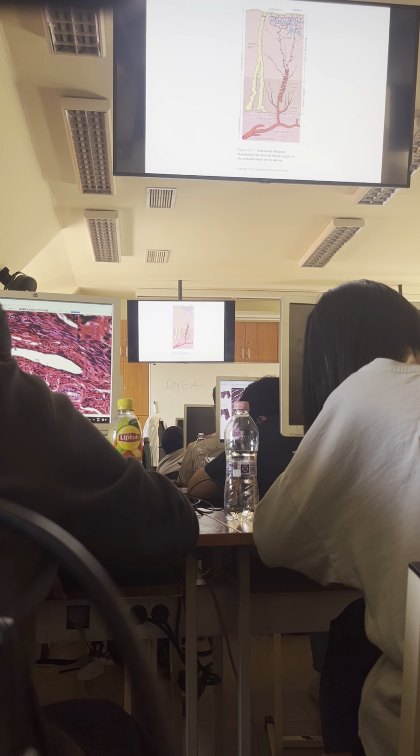Okay, presence of pseudodecidual cells in the compact layer. This is characteristic for which phase? For the progesterone phase or secretory phase, yes. So being able to differentiate between the two layers of the functional layer, like the compact and spongy. Yes, this is also characteristic for the secretory phase. Yeah, spiral arteries appear in the spongy layer in the secretory phase.